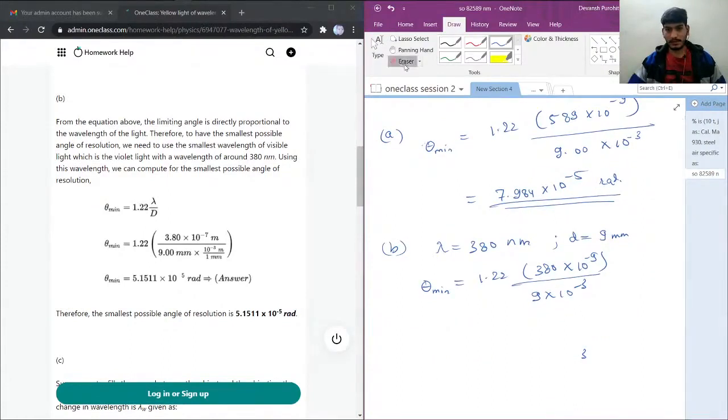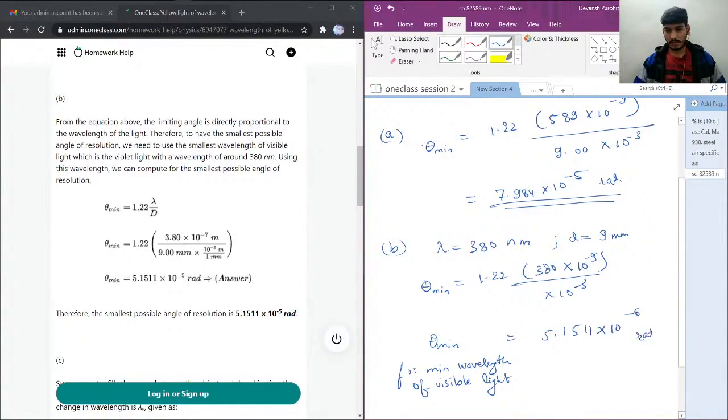So this will be theta min for minimum wavelength of visible light, which is 5.1511 times 10 power negative 6 radians.